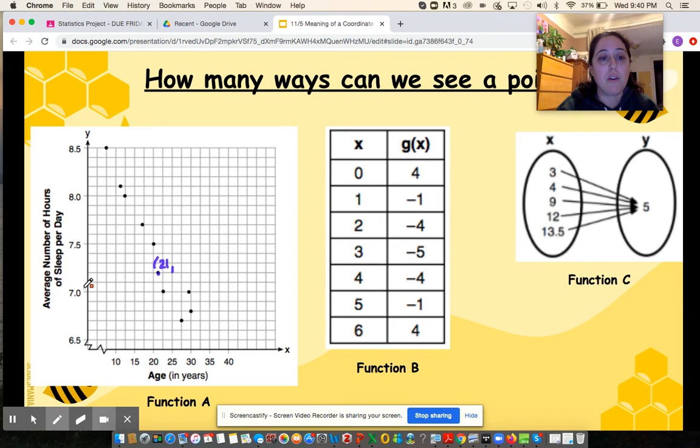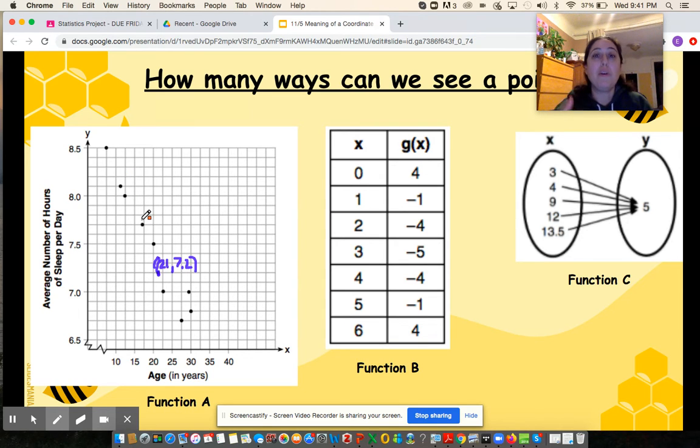Yeah, so I go up 7.1, 7.2, which lines up with this point I've randomly chosen on this graph. So the X, Y values are 21, comma 7.2. I can physically see all of these points.